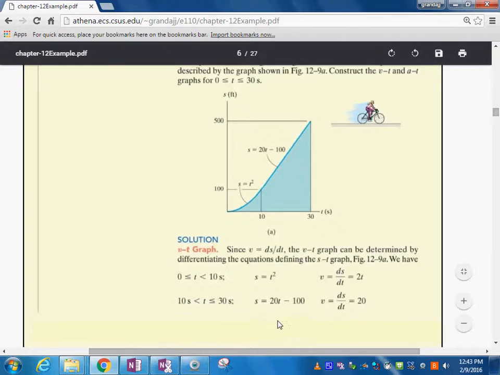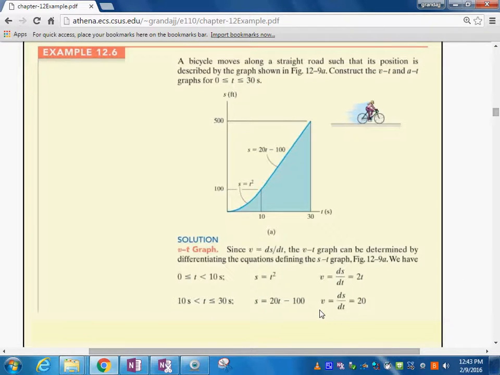Like in this case, we have the combination of a set of two types of motion, one in a parabolic motion, and the other one in rectilinear motion.